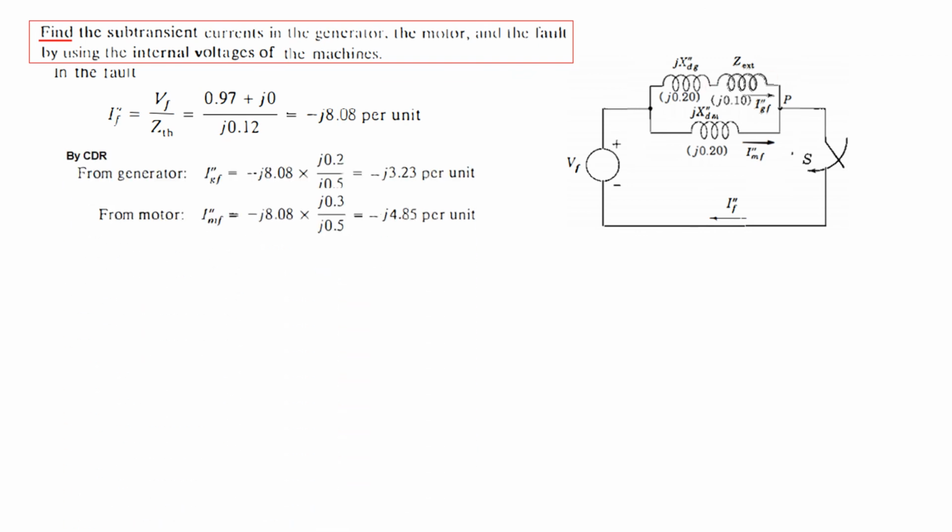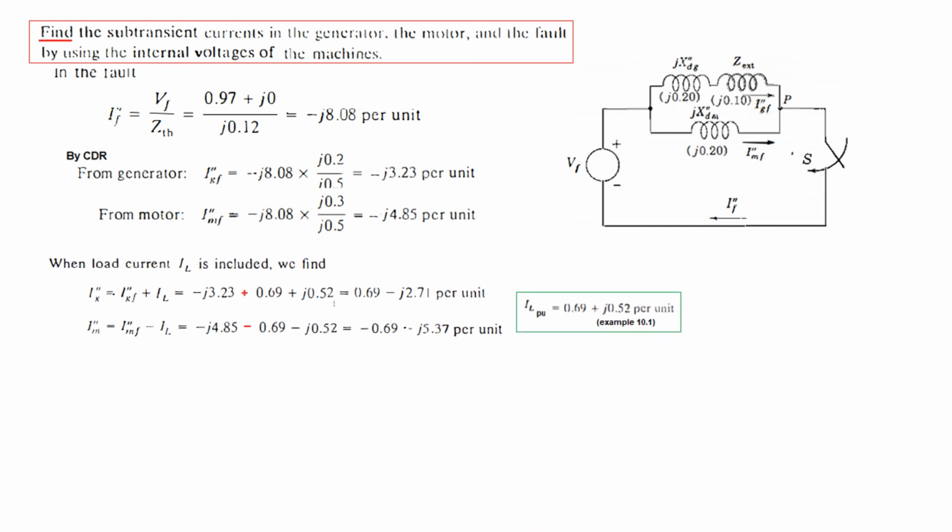So the generator fault current is the total current divided by total impedance and multiplied by the opposite arm. So for the generator the opposite arm is 0.2, and similarly for the motor, same procedure, the opposite arm in this case is 0.3. So these are the two values in terms of per unit.